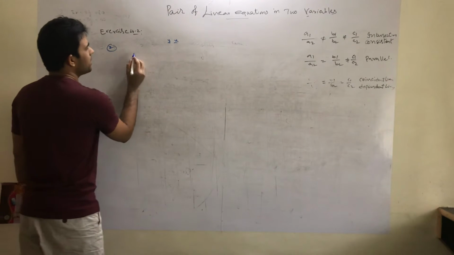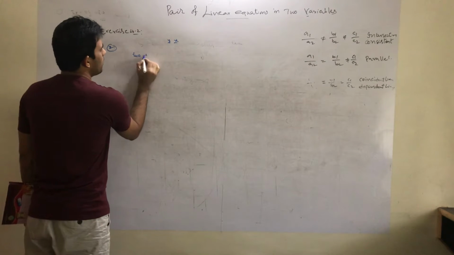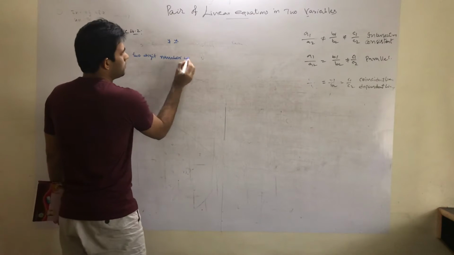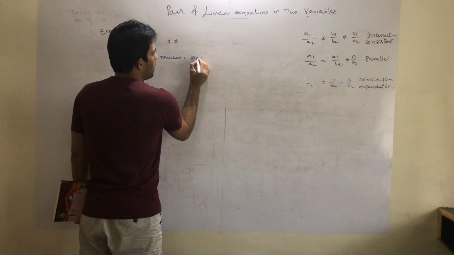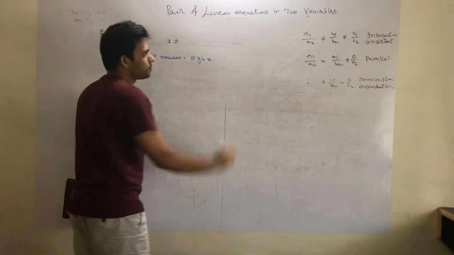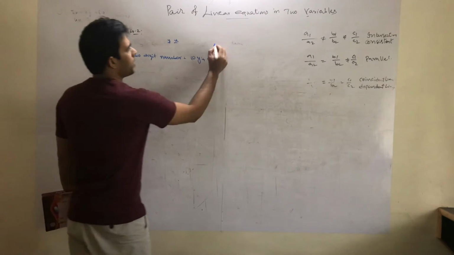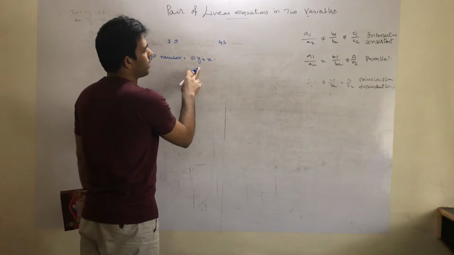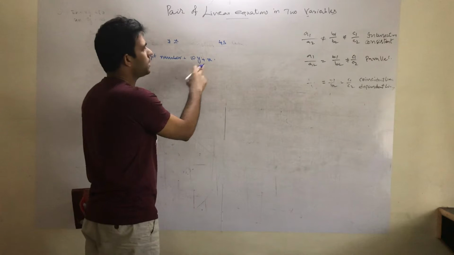Okay. So can I write the two-digit number as 10y plus x, right? Let's say 43. So I can write 43 as 4 into 10, that is 40, that is the tens place, plus 3.